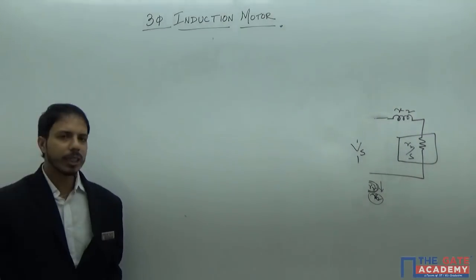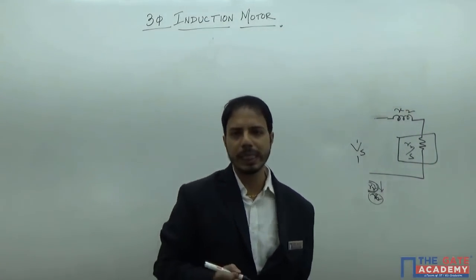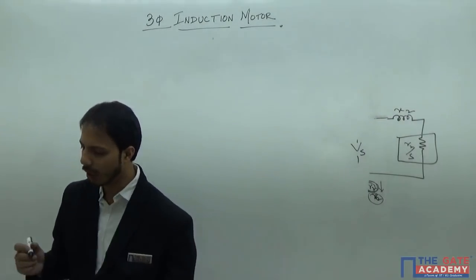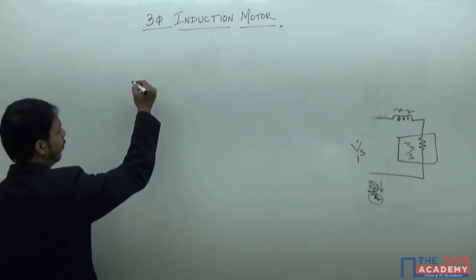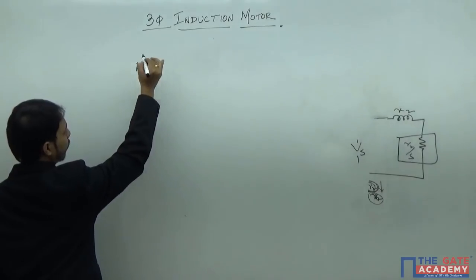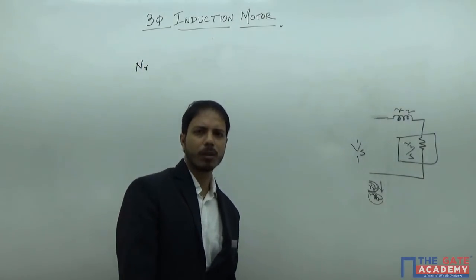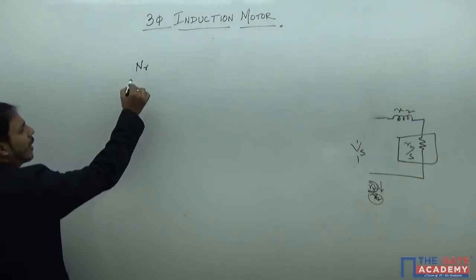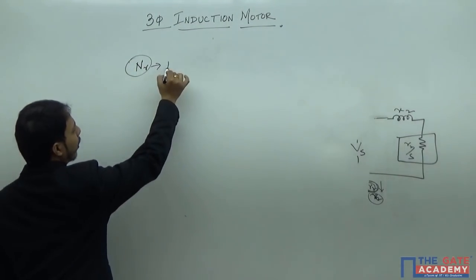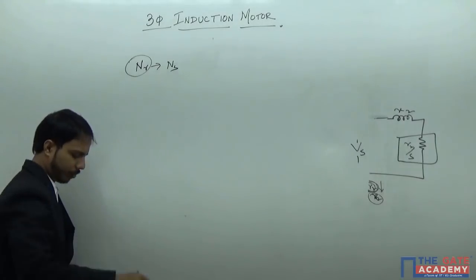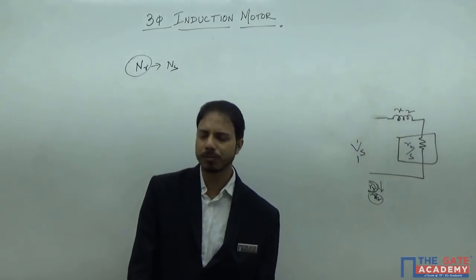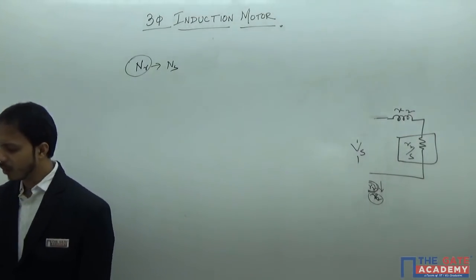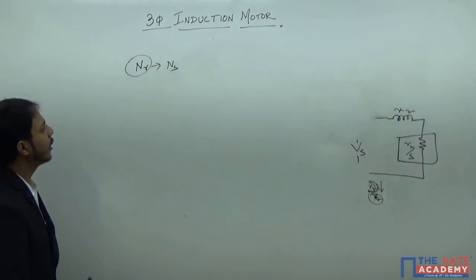Now see, if we need to control the speed of an induction motor, what is NR? You see, this speed NR depends on NS. So what is the relationship between them?